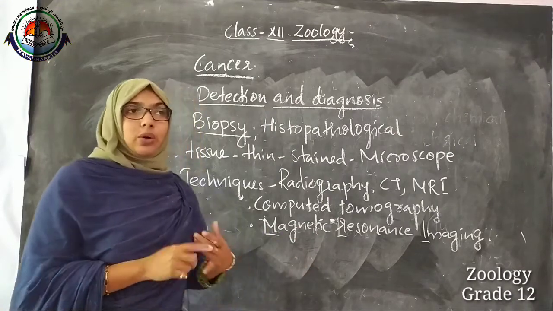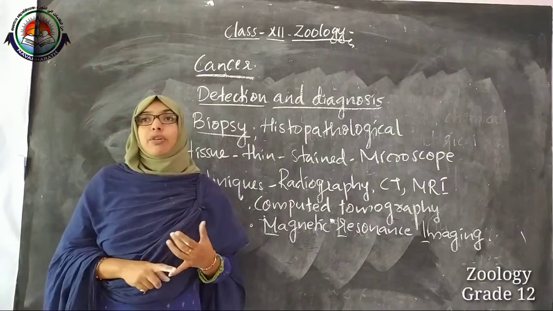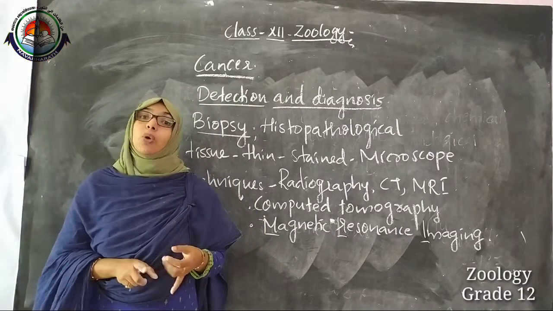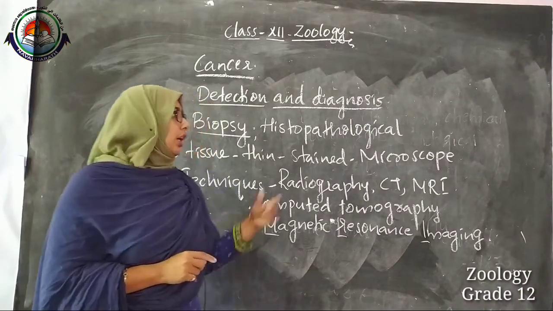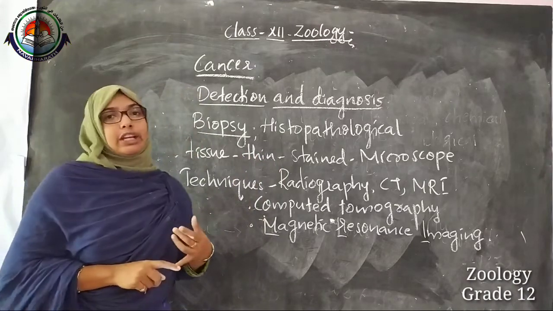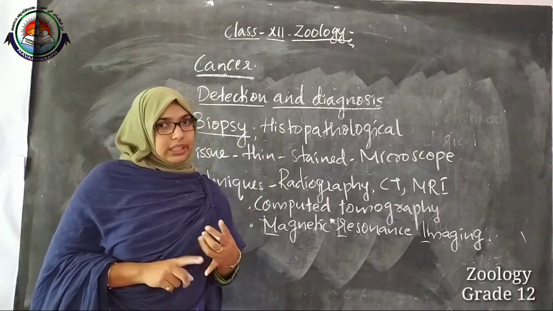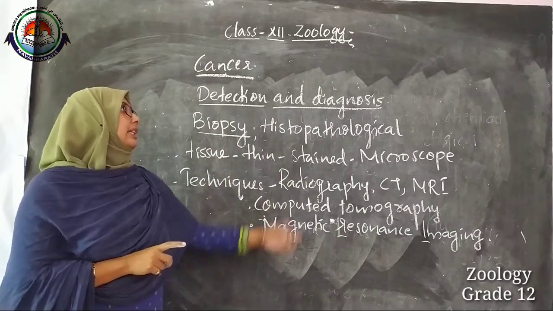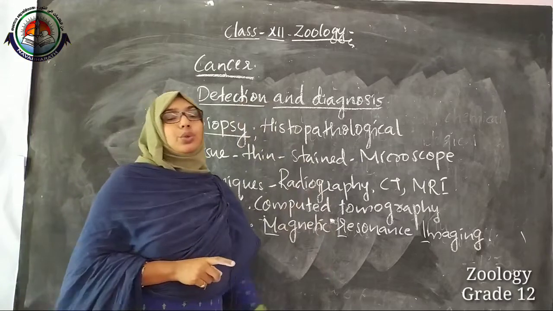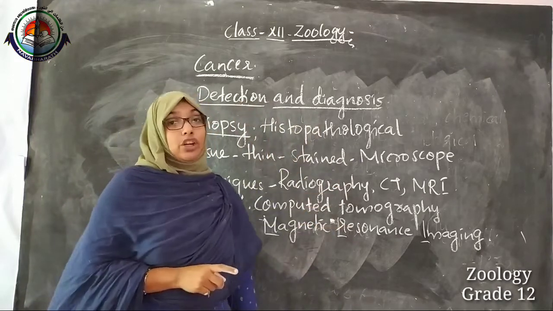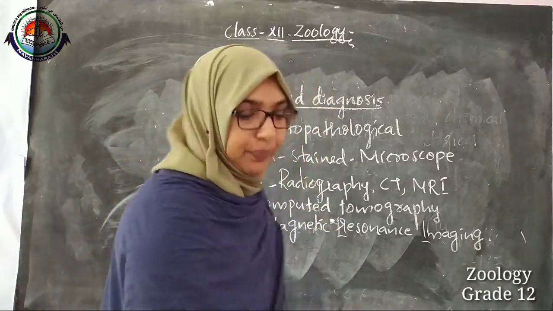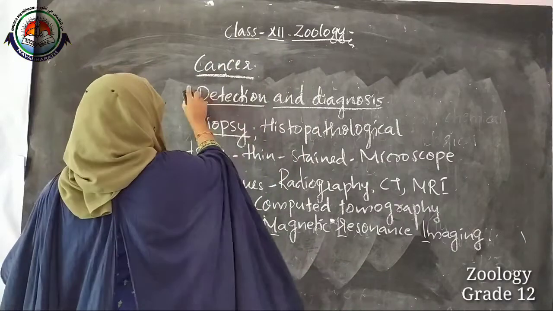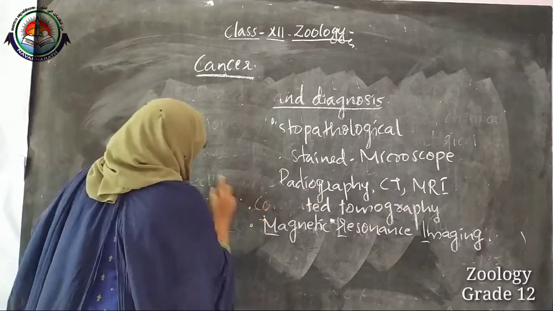Also, some techniques have been developed in molecular biology in order to detect and diagnose cancer. Clear? So, these are the typical techniques used to detect and diagnose the cancerous cell.